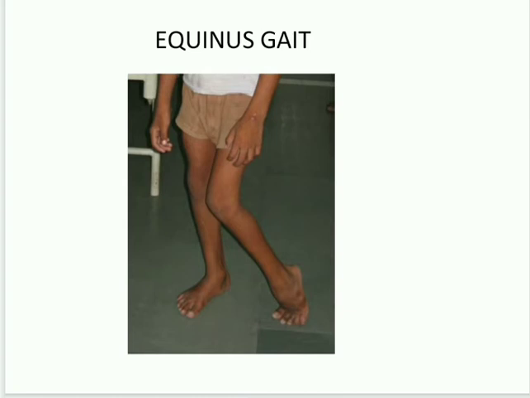It is due to loss of function of the anterior muscle groups of the lower limb, like tibialis anterior, extensor hallucis longus, extensor digitorum longus, peroneus tertius, and the anterior thigh muscles like the quadriceps, and it might involve one foot or both feet.